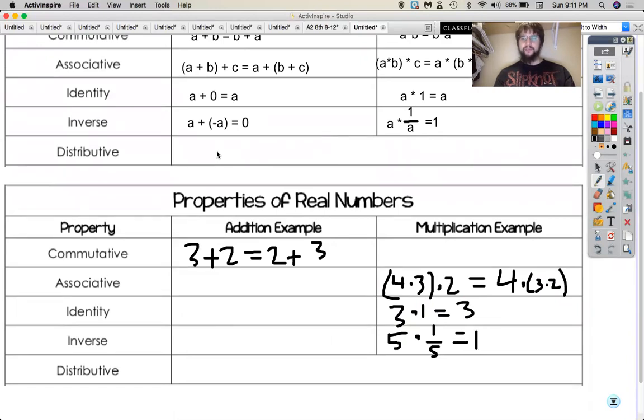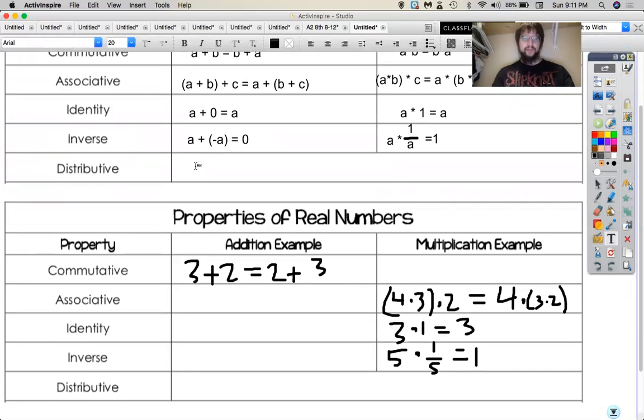Now, we didn't talk about the distributive yet. Let's do that. So the distributive property does go both ways. I just froze my computer. Hang on. The distributive property does go both ways. Hopefully it unfreezes. There we go. So A times B plus C is equal to AB plus AC.